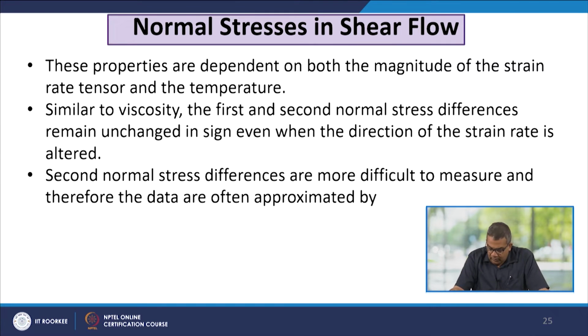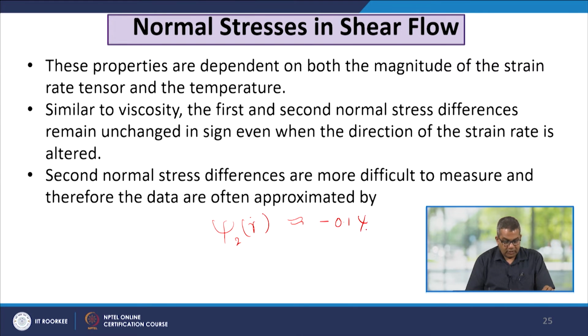The second normal stress differences are more difficult to measure, and therefore the data are often approximated by psi 2 gamma is almost equal to minus 0.1 psi 1 gamma.